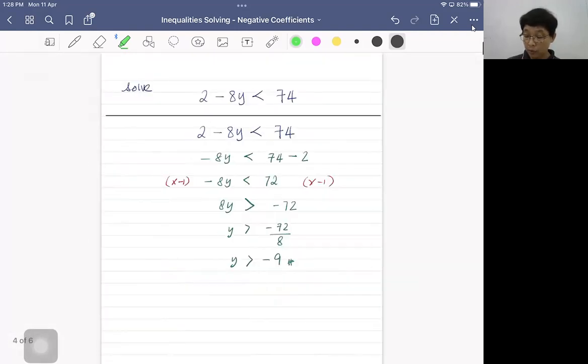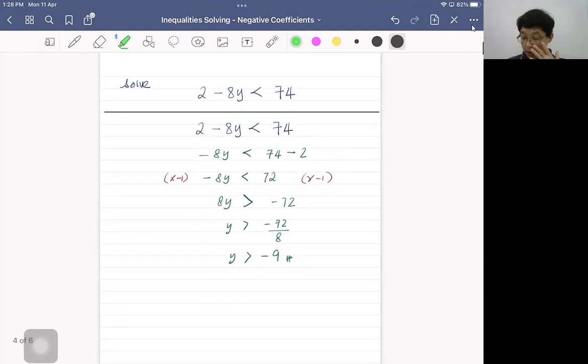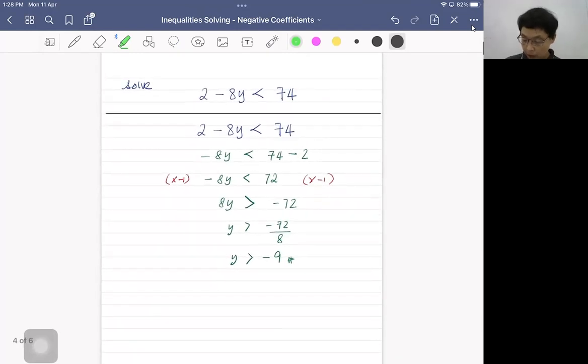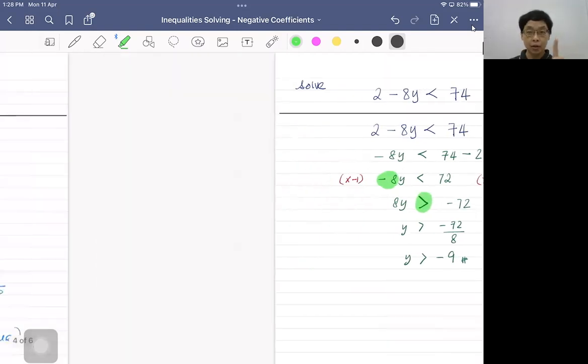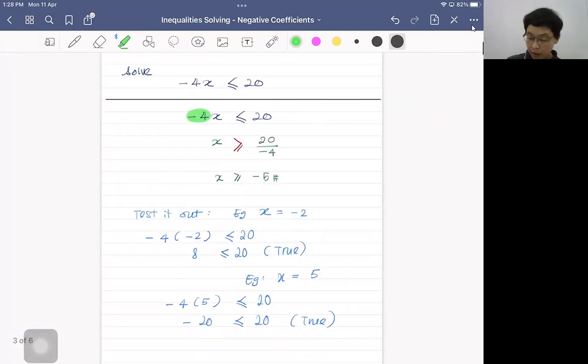One more time to remember them better. We're going to have a negative coefficient, flip the sign. And one final reminder, yes, you have a negative coefficient and you flip the sign. And by doing that, you will surely 100 out of 100%, get the correct solution.